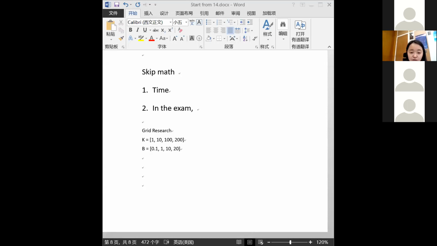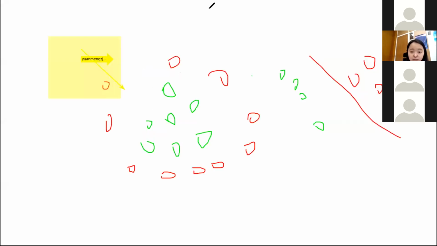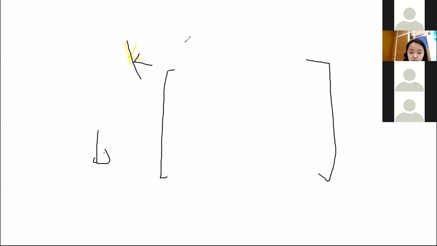So here we can use grid search. The first hyperparameter is k, and the second hyperparameter is b. k has some possible values like 1, 10, 100, and b has some possible values 0.1, 1, 10, 20.